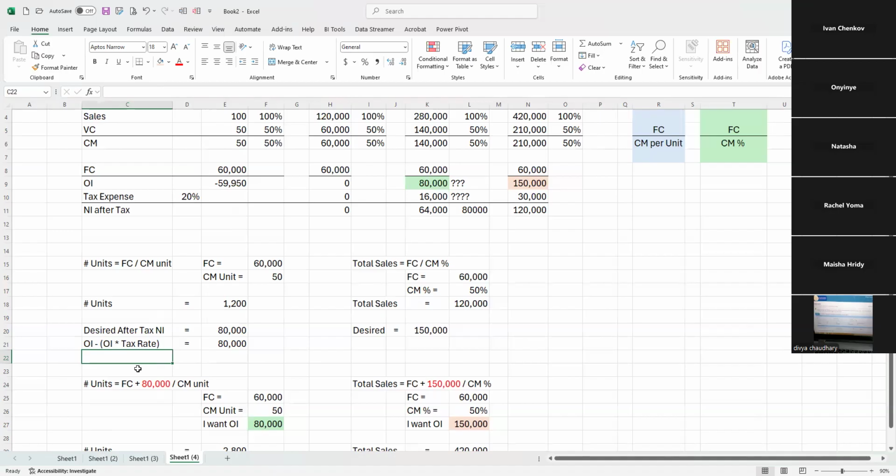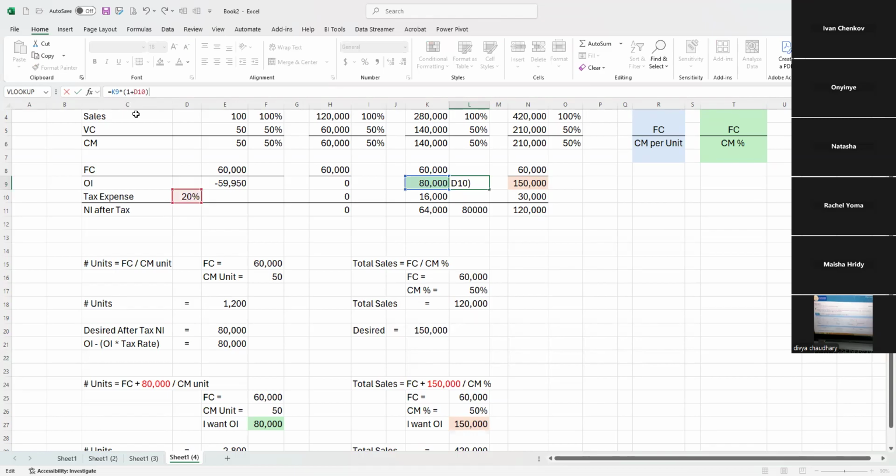Well, I would just multiply and add the 20% to the operating income. So if I take 80,000 times 20% and add it, that is 80,000 times one plus 20%, so I can increase it by 20%.